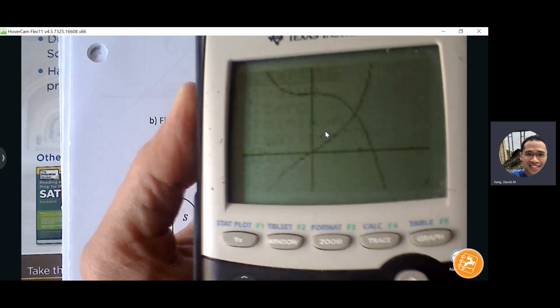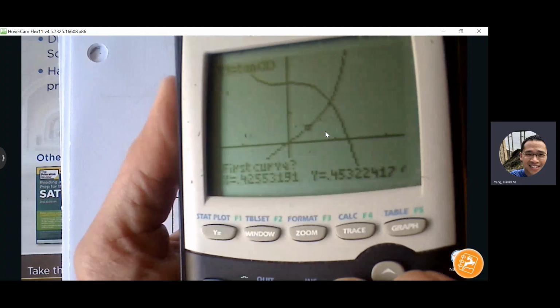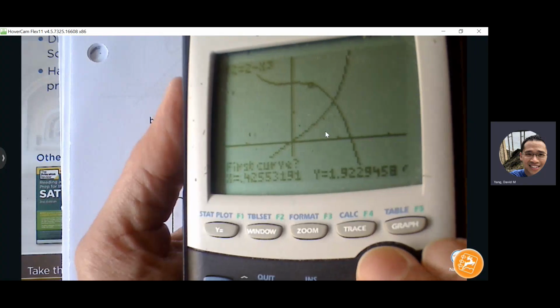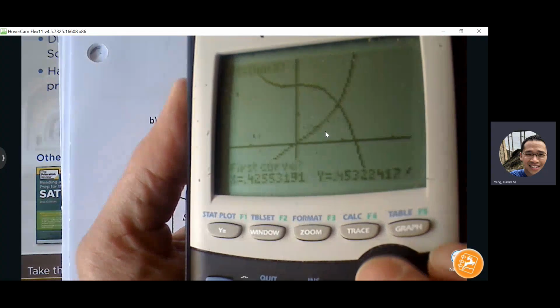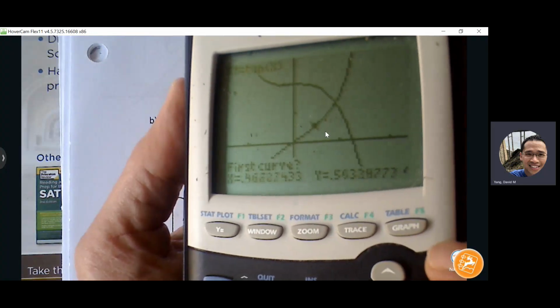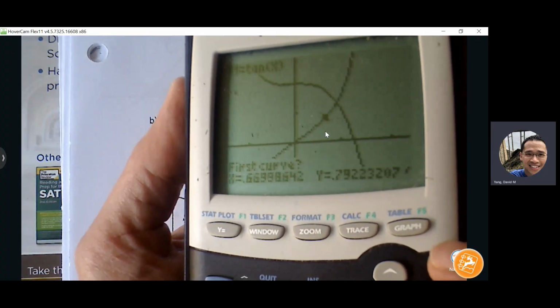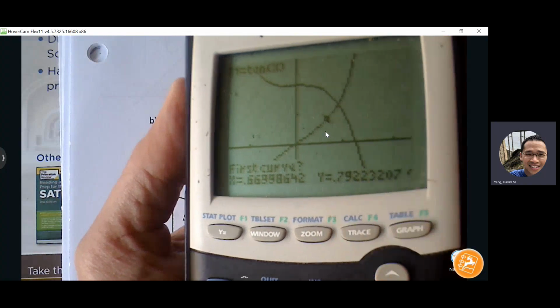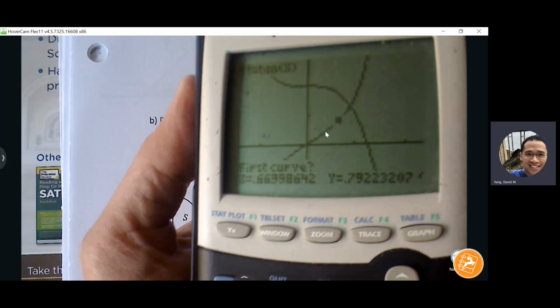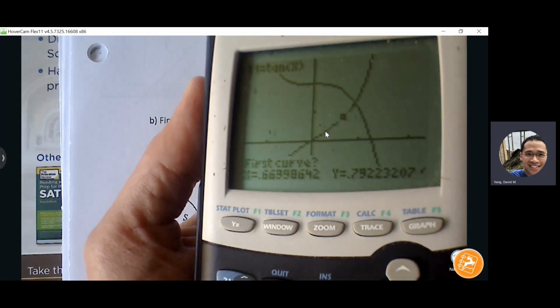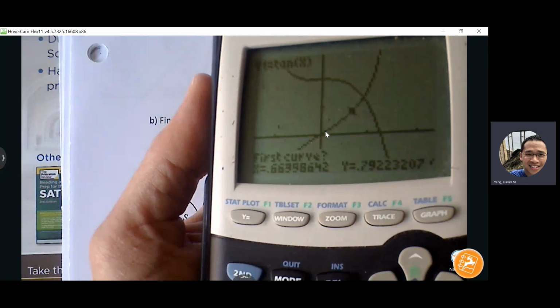So hit enter, hit enter, and then you see the word first curve. And if you toggle, you're going to see that you can jump back and forth between the two curves. Okay. So I would just stay on one curve and then just get relatively close to your intersection. Don't have to be that close, but relatively close, hit enter. So the calculator knows, okay, that's the first curve you want to consider.